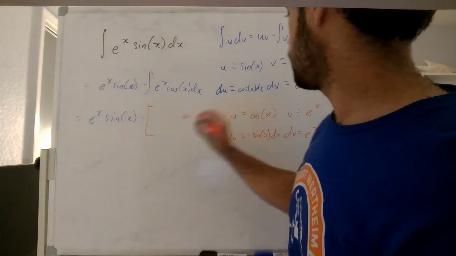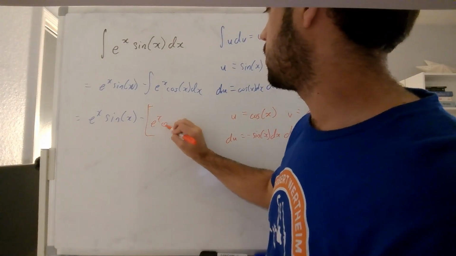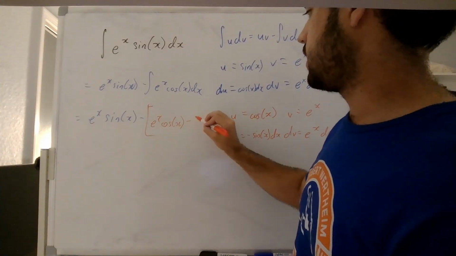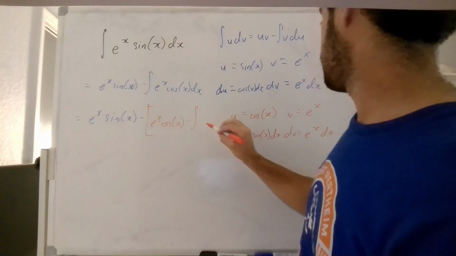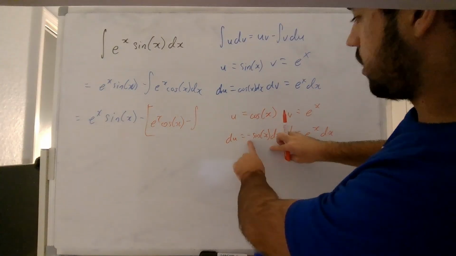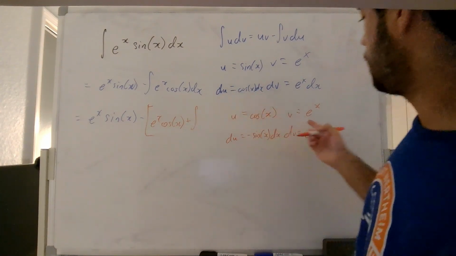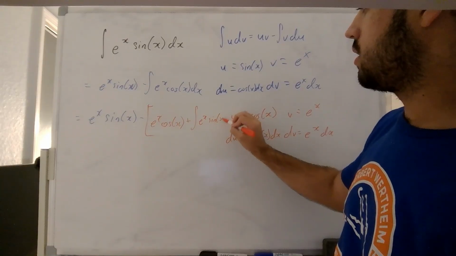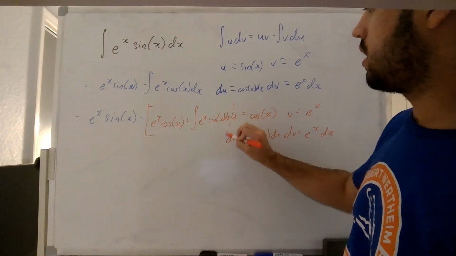We just do a similar thing: e to the x cosine of x minus the integral of negative sine of x dx is part of our du. So I'm going to put this negative in front here, and we have e to the x sine of x dx.